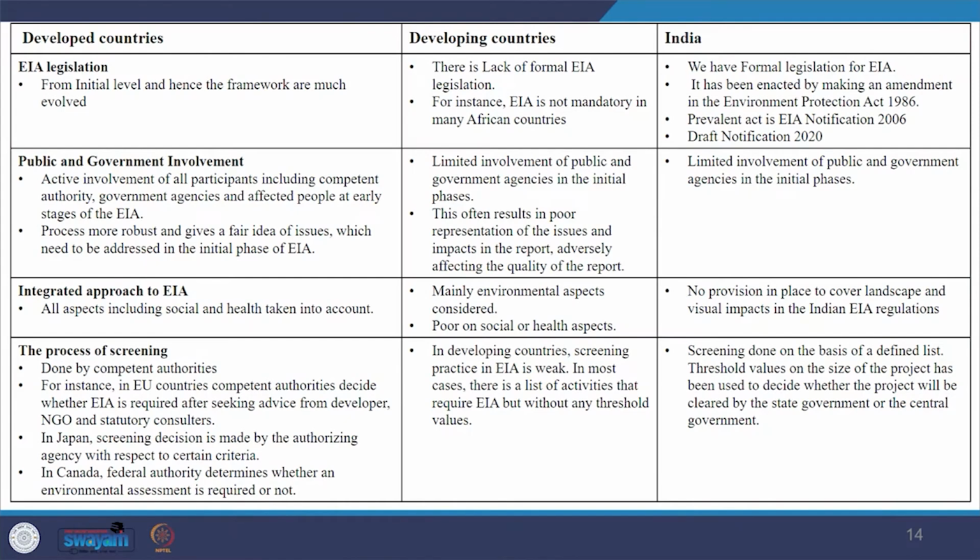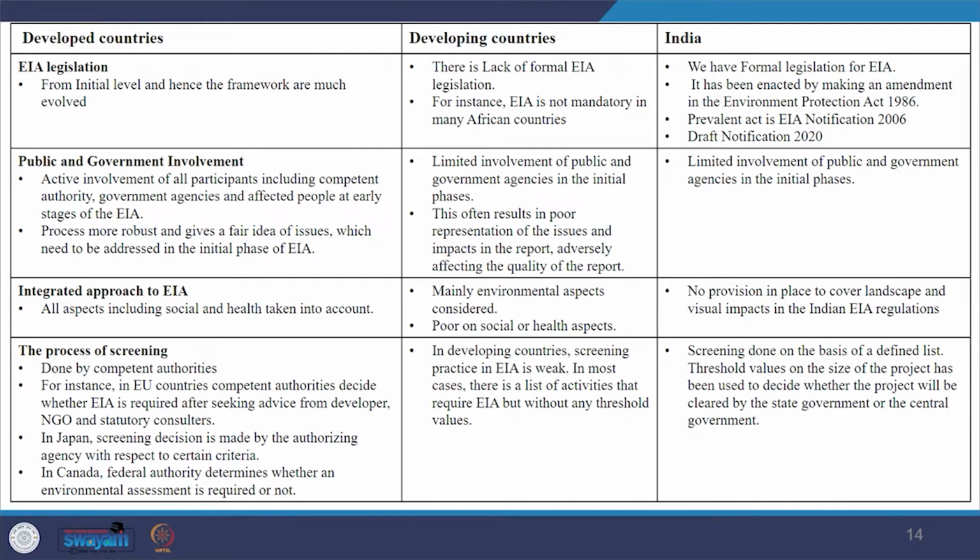For example, in Canada, the Canadian Environmental Assessment Act regulates EIA, and the EU countries are guided by a directive on EIA. Their legislations are very well framed as they started at an initial level.